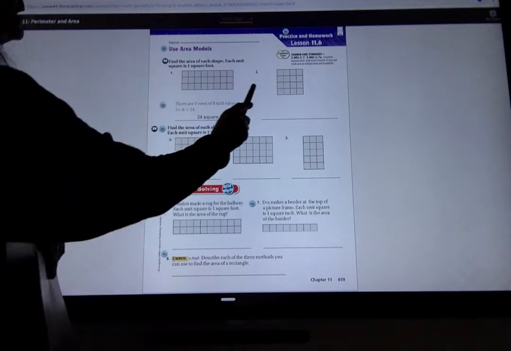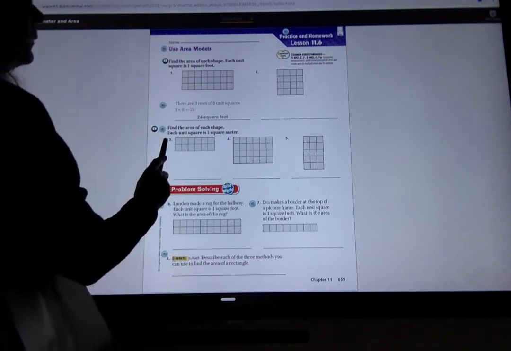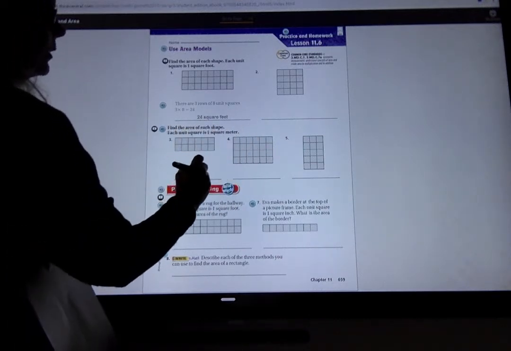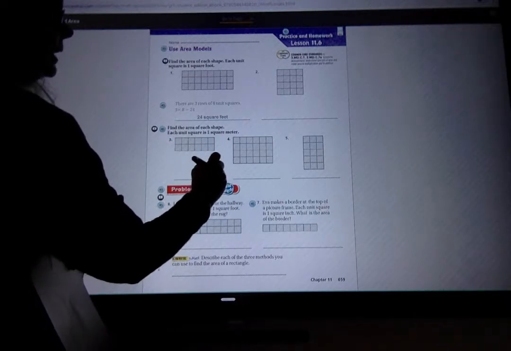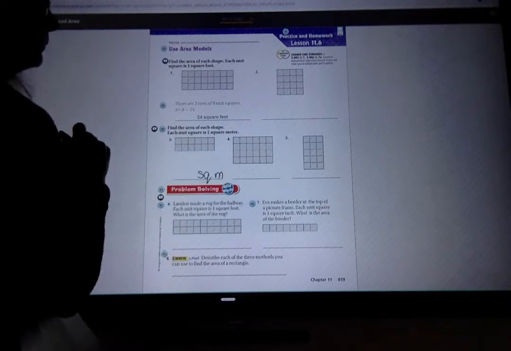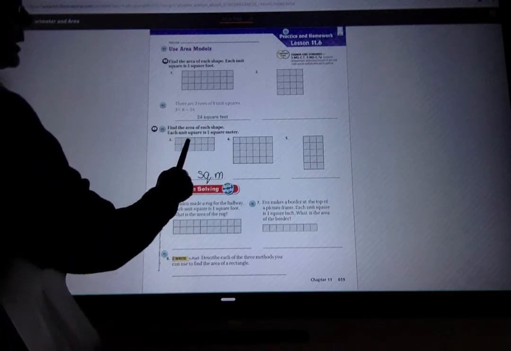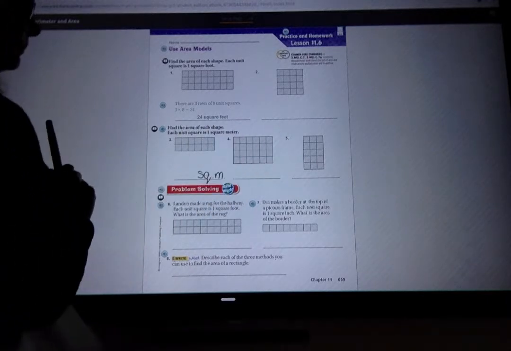or what the area is of number 2. Then we go on and we do it for 3, 4, and 5, but now we're labeling it square meters. And we can label square SQ and meters is M. So you're going to find how many. You can do repeated addition, you can count, or you can multiply for each of these.